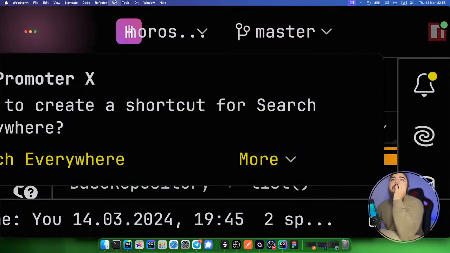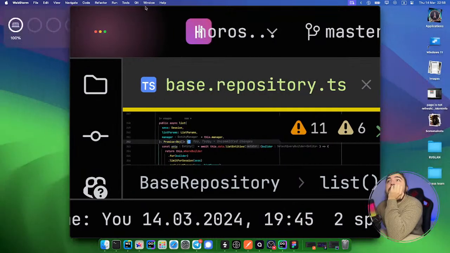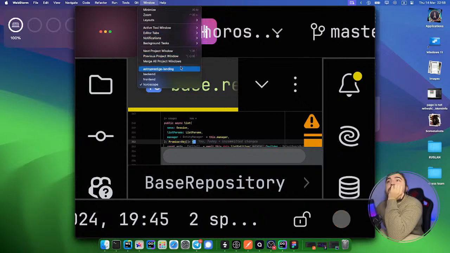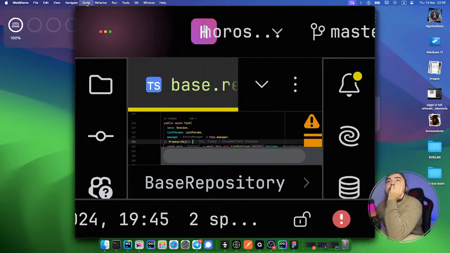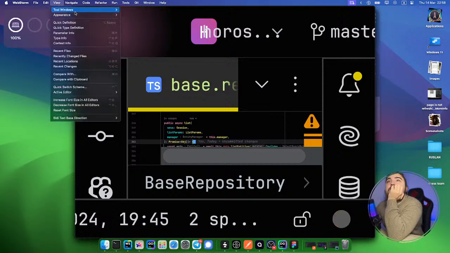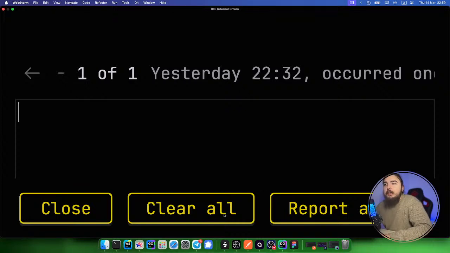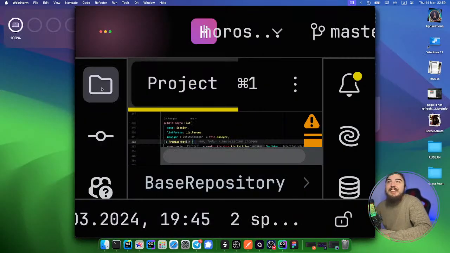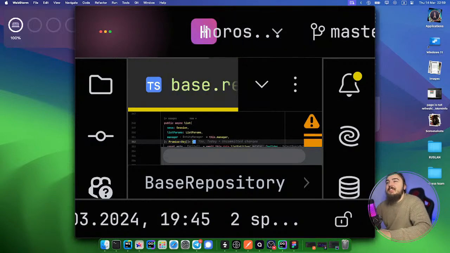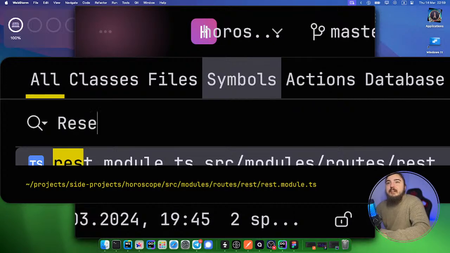Zoom. How can I reset? Maybe I can reset the font size.